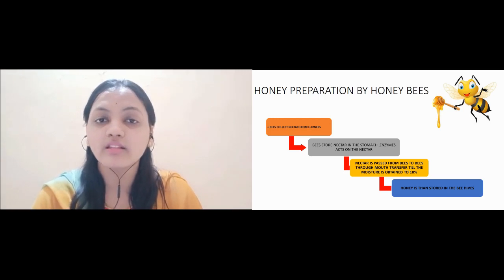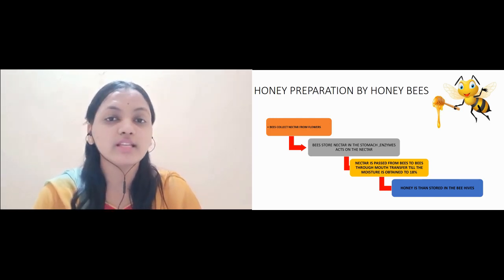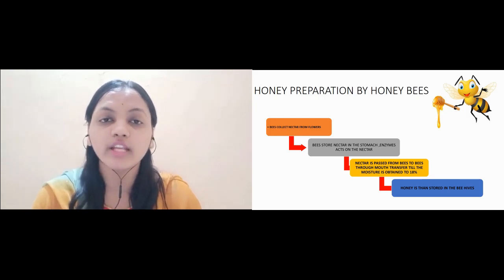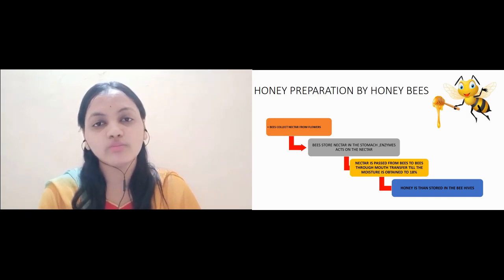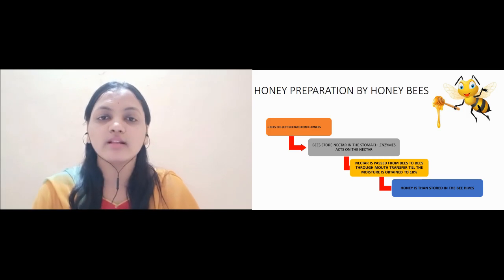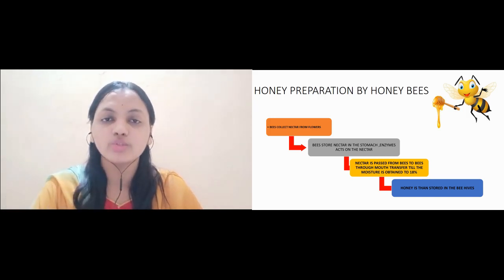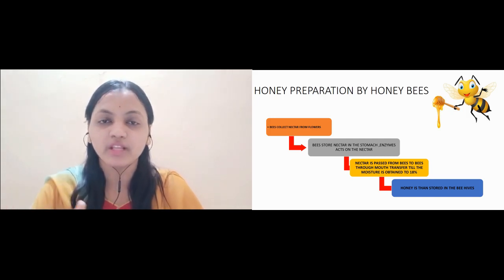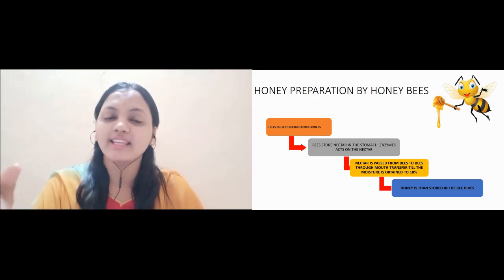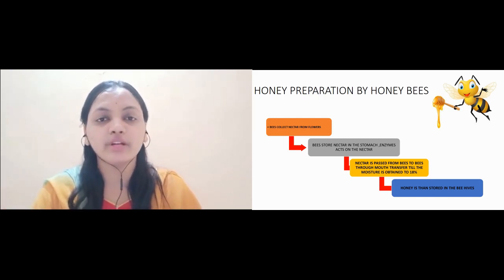Then the honeybee thinks that the nectar which is sucked out has a lot of water content which should be evaporated. So what does the honeybee do? The honeybee transfers this nectar through her mouth to the other honeybee, and this chain is repeatedly continued till all the moisture from the honey is evaporated.